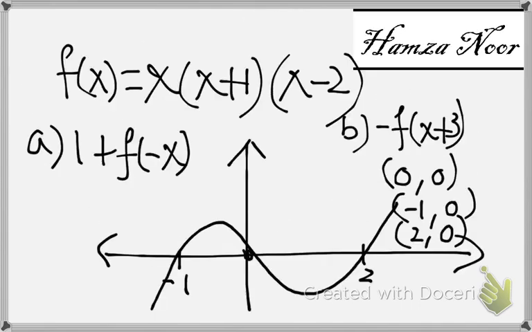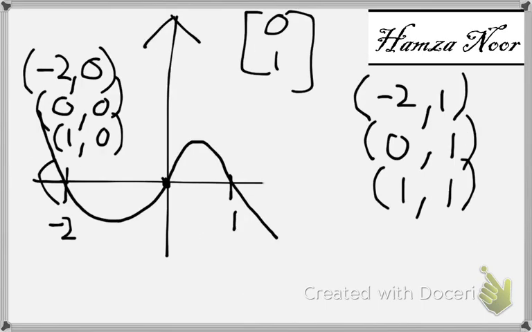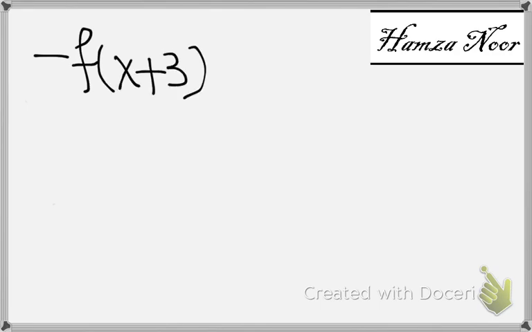In part B it was asked: -f(x + 3). First, you need to translate the graph of the function horizontally. This is a horizontal translation of -3, and the translation vector will be (-3, 0).